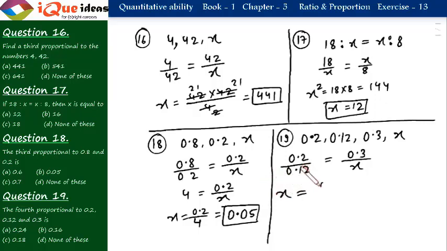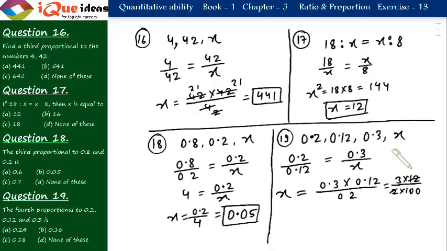If you calculate, x is equal to 0.3 into 0.12 divided by 0.2. If you remove all the decimals, we will have 3 into 12 divided by 2 into 100.